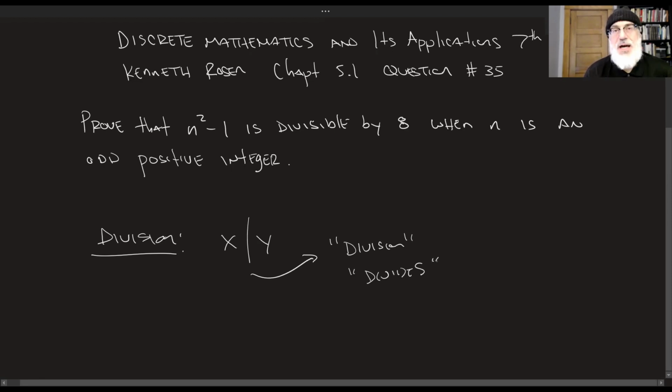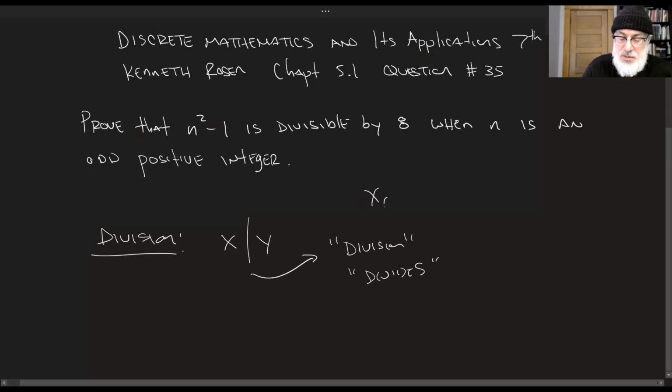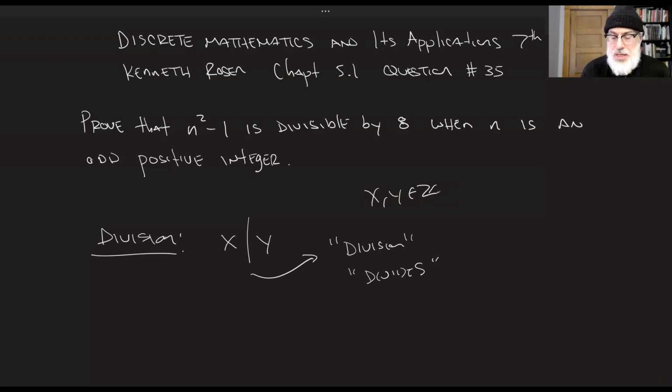So we say x divides y. Now we mean that x divides y evenly, and x and y here are integers. The fancy Z is the set of integers. The ∈ means element. So x and y are elements of the set of integers.